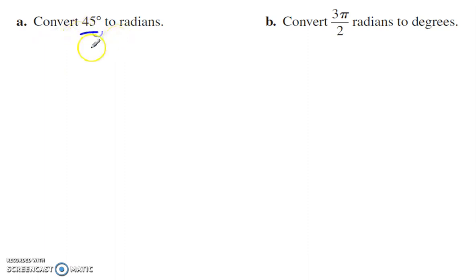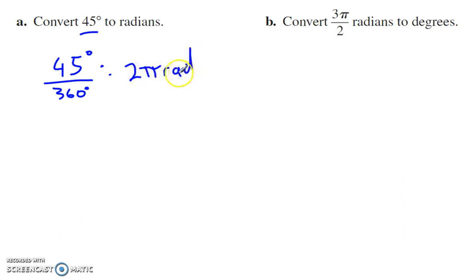So 45 to radians. We know 45 degrees times 2 pi radians, which is a full circle, divided by 360. So we could write it as over 360 times 2 pi radians, because 2 pi radians is a full circle, and this is how much of the circle it is. Or we could rewrite it and just use what we had, pi radians over 180.